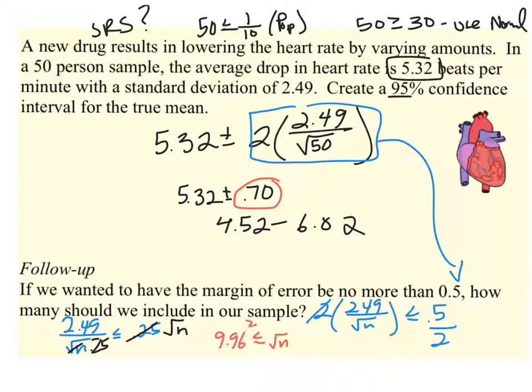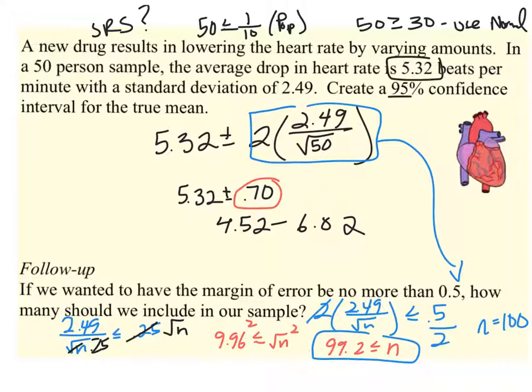So you square both sides, of course, and we get 99.2 is less than or equal to n, which is always nice here because we obviously can't round in terms of people. n has to be greater than or equal to 99.2, so n has to be 100.